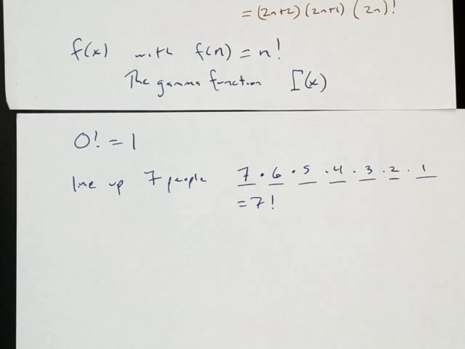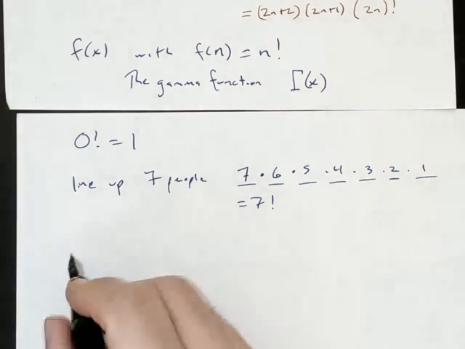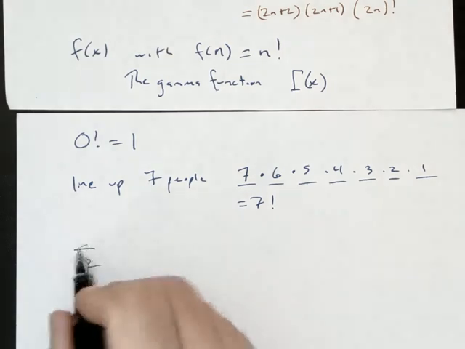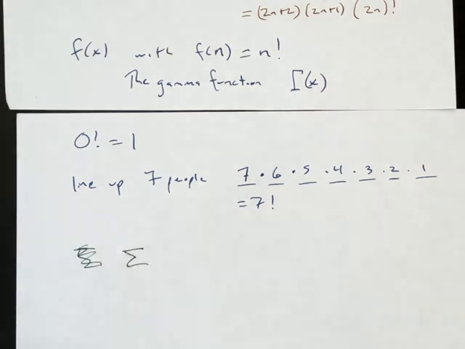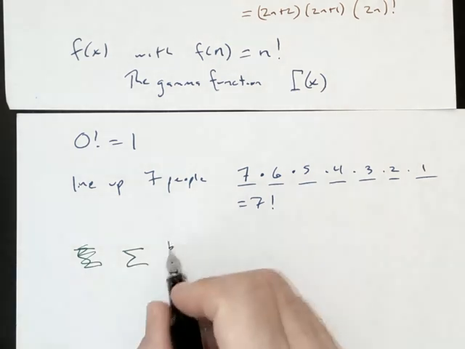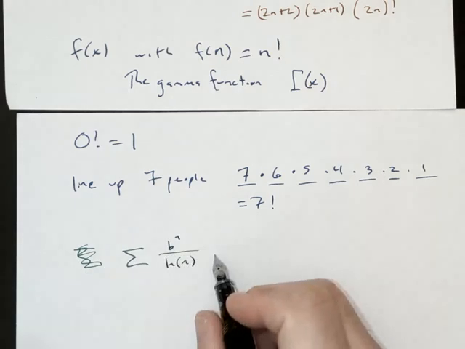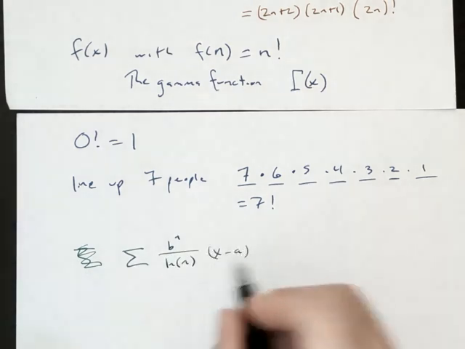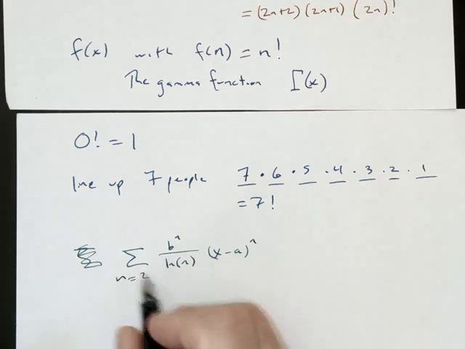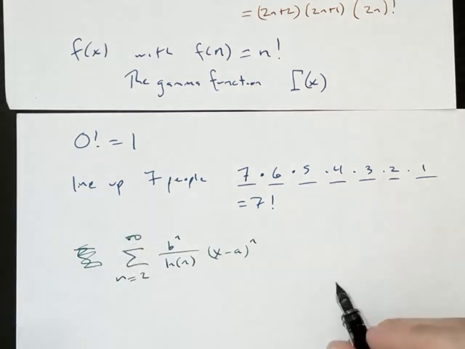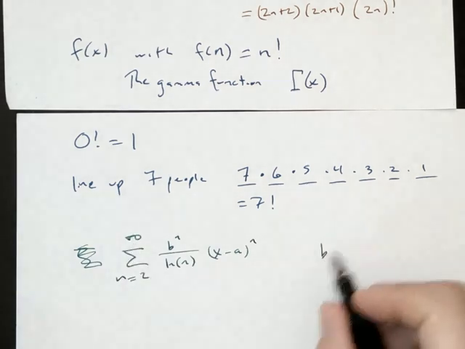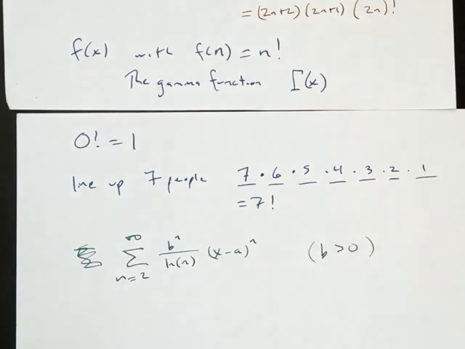In 22, I have b to the n over ln of n, times x minus a to the n, and the series goes from 2 to infinity, and all we're told is that b is bigger than 0.